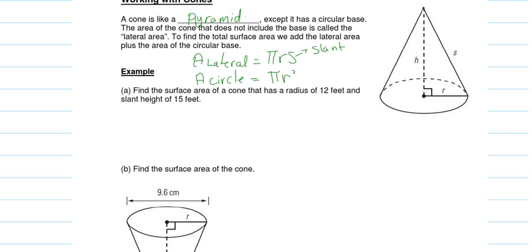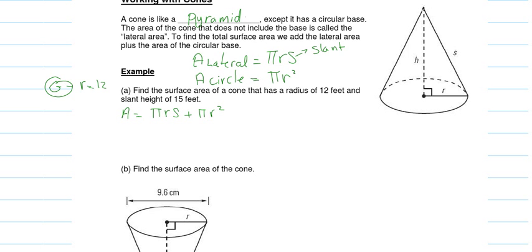So if I look at my formula, the formula is A equals pi r s plus pi r squared. They gave me the radius, which is 12, and they gave me the slant height, which is 15.